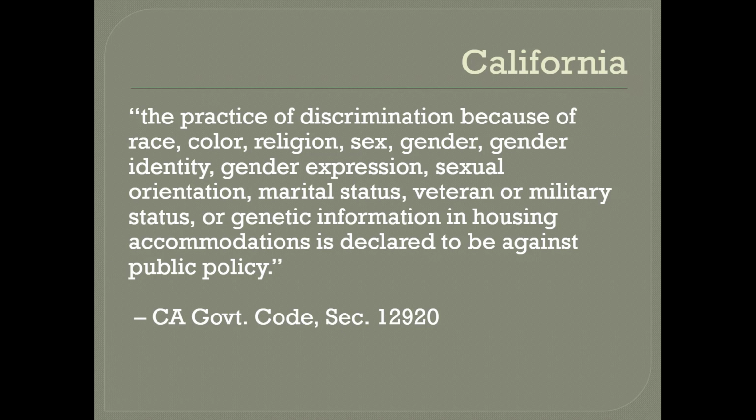This is the part that relates to housing. California law says the practice of discrimination because of race, color, religion, sex, gender, gender identity, gender expression, sexual orientation, marital status, veteran or military status, or genetic information in housing accommodations is declared to be against public policy.